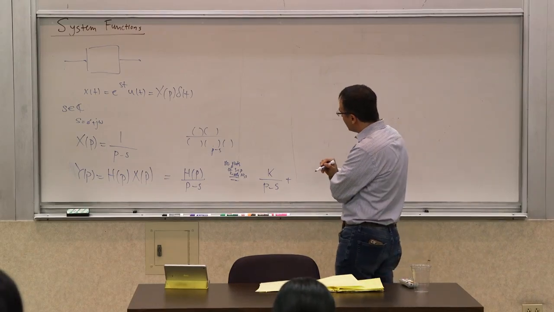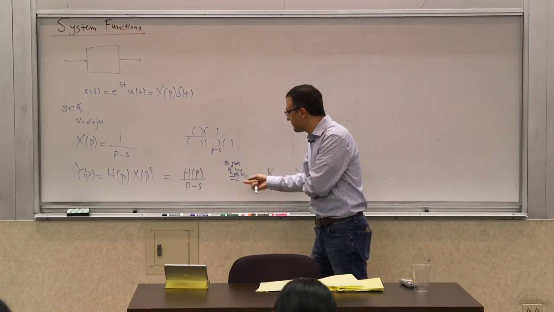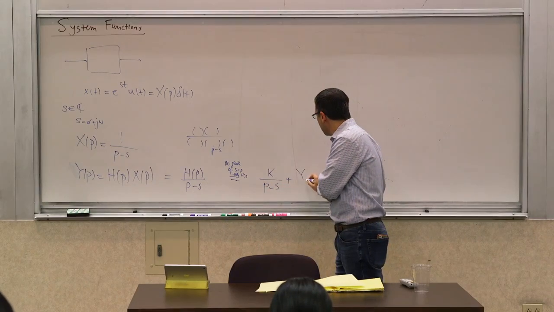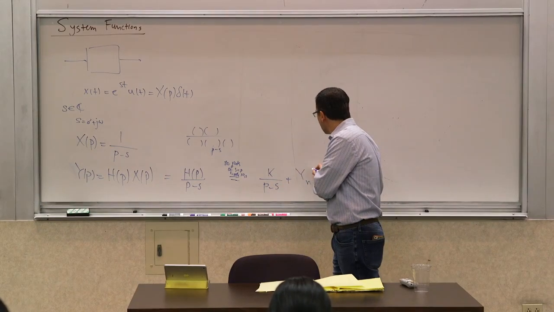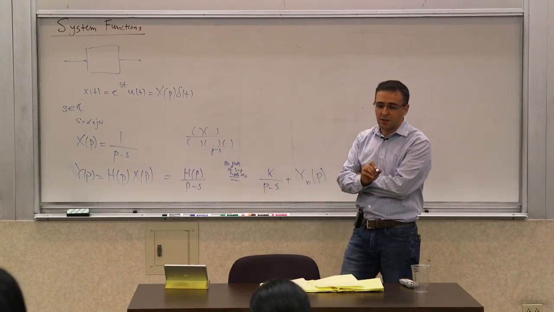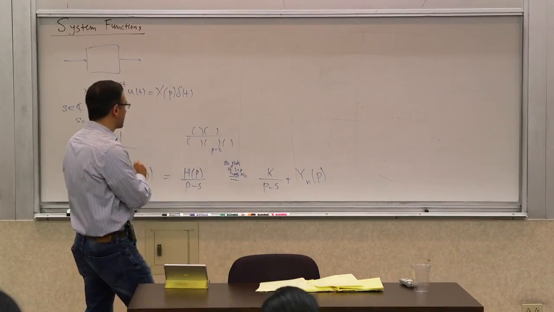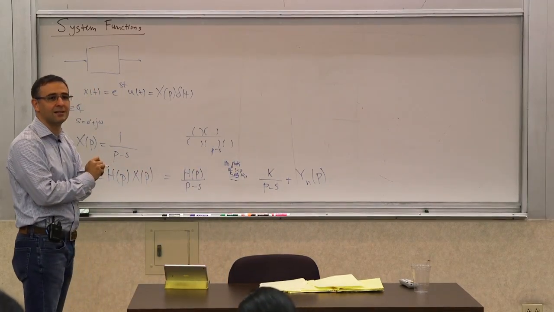So that plus some other, whatever is left when you divide it by that, there would be the rest of the partial fraction expansion. I'll show that as y sub n of p, and we'll see why I use the sub n part.